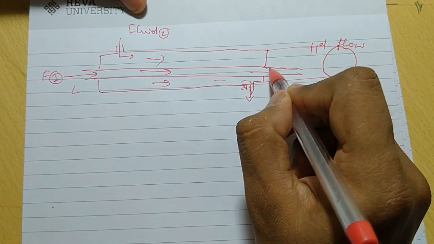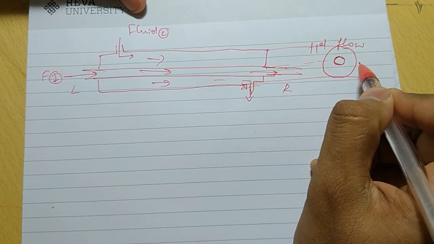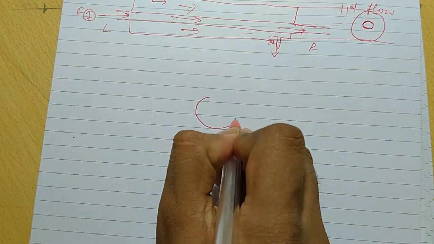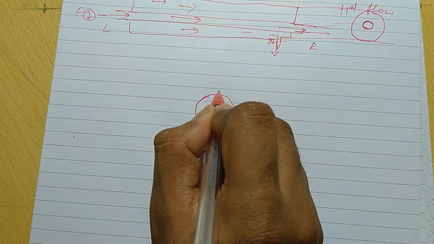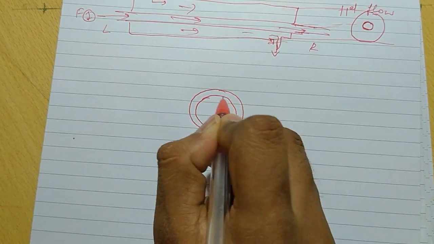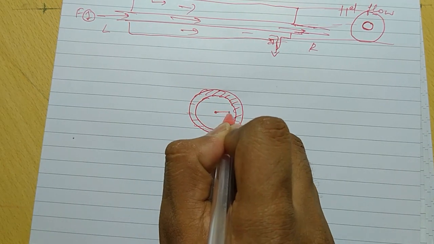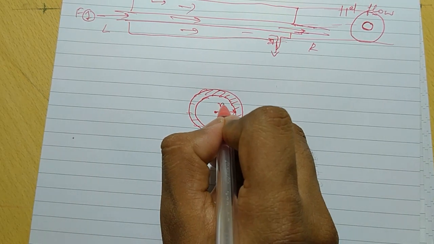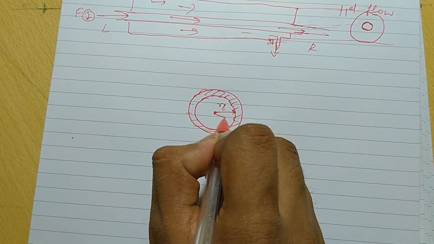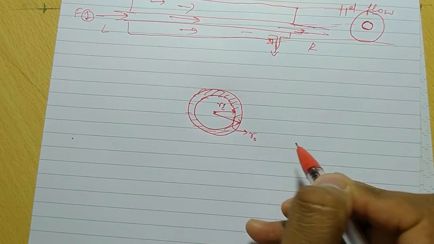Suppose you see it in this direction, it looks like the inside pipe and the outside pipe. The same thing I will write below. This is the inside pipe thickness, the pipe thickness of the inside pipe. This is the inner radius of the inside pipe, and this is the outer radius of the inside pipe.